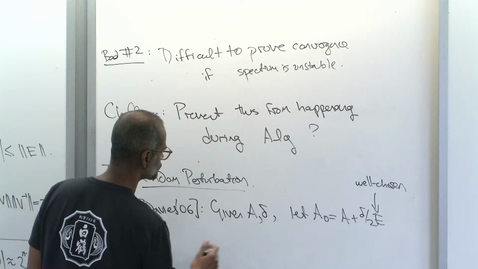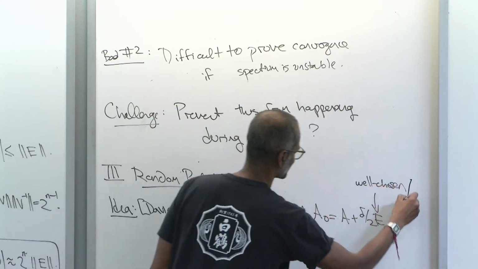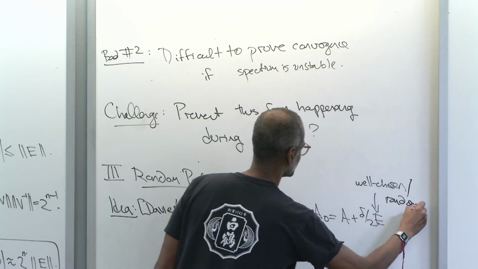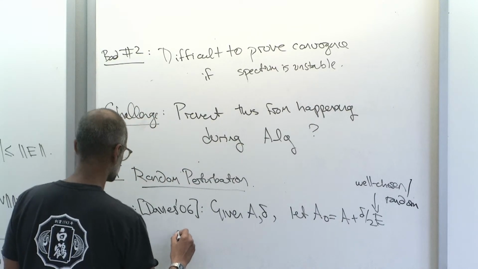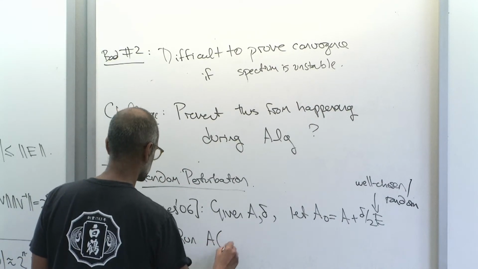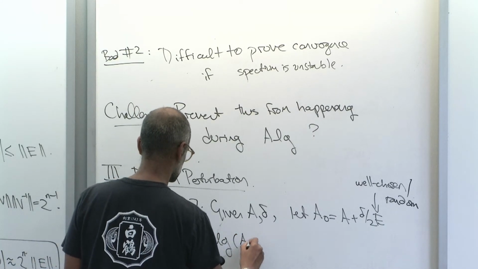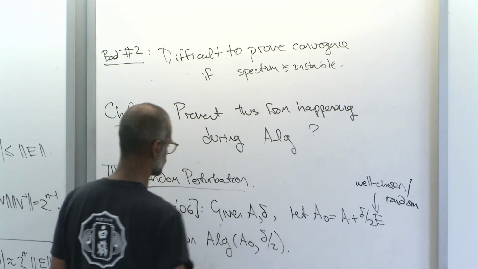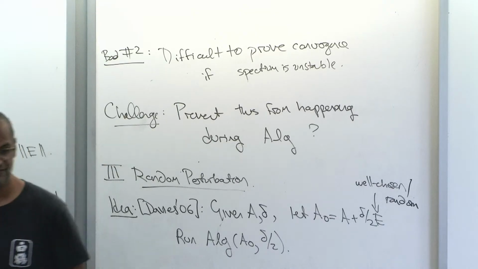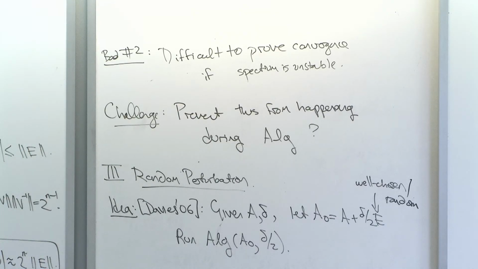Okay? So you want to choose a perturbation, or okay, maybe random, and then just run the algorithm on this perturbed matrix with, let's say, error delta over 2. So this is some slack that this backward error model gives you. You're allowed to perturb the input.